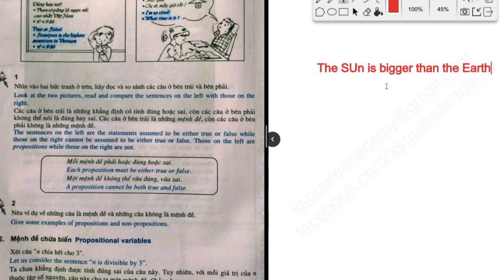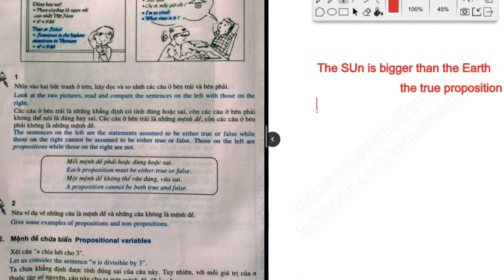This is a proposition, and a true proposition, right? Another proposition is: the grass is green, which is a true proposition.